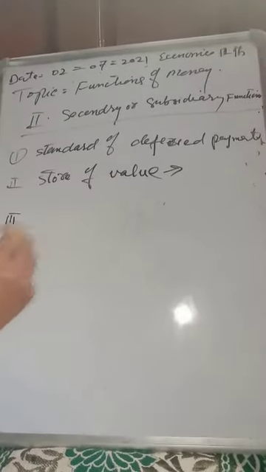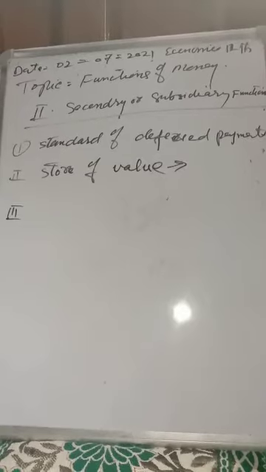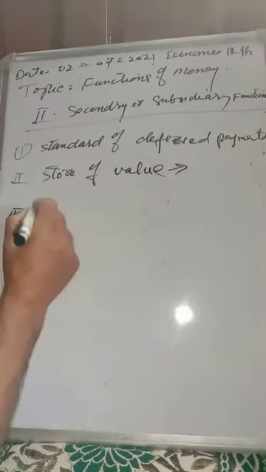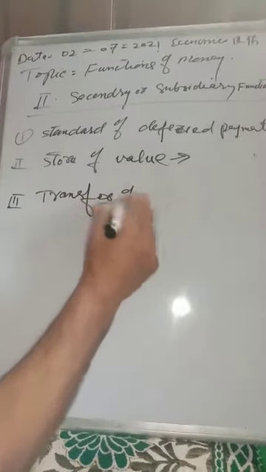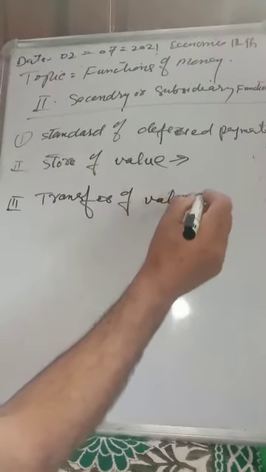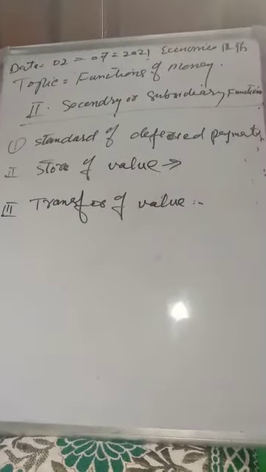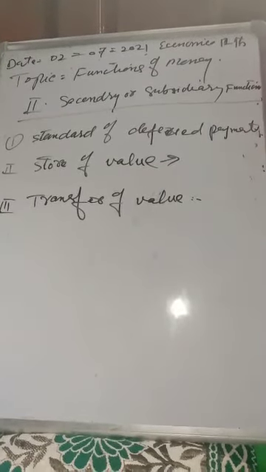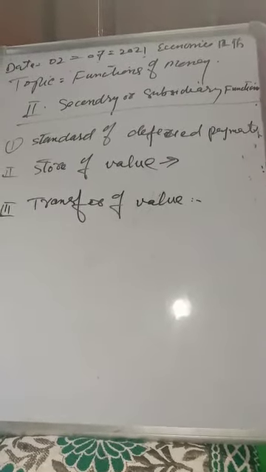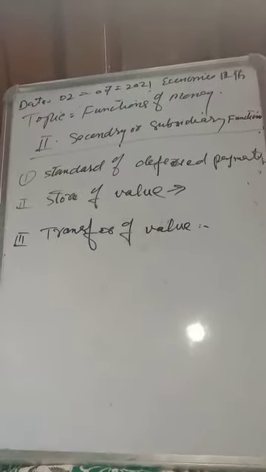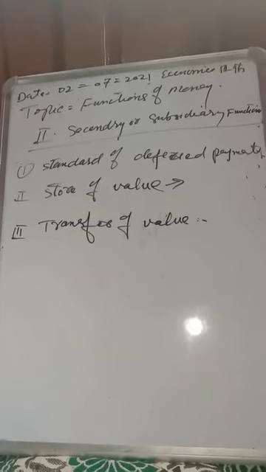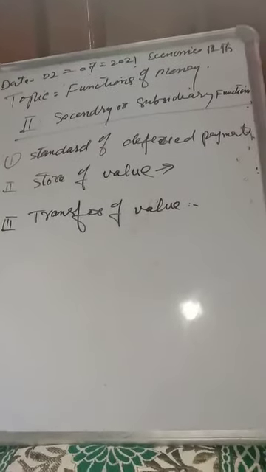And number three is transfer of value. Money also serves as a convenient mode of transfer of value. Goods are purchased from far off places, both for consumption as well as investment.